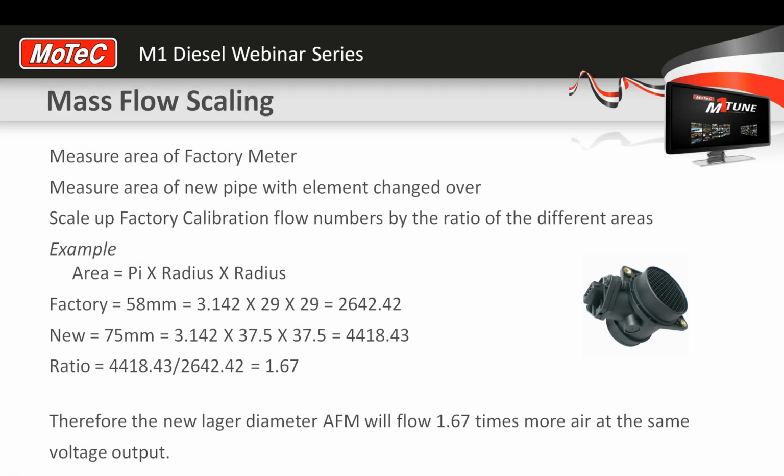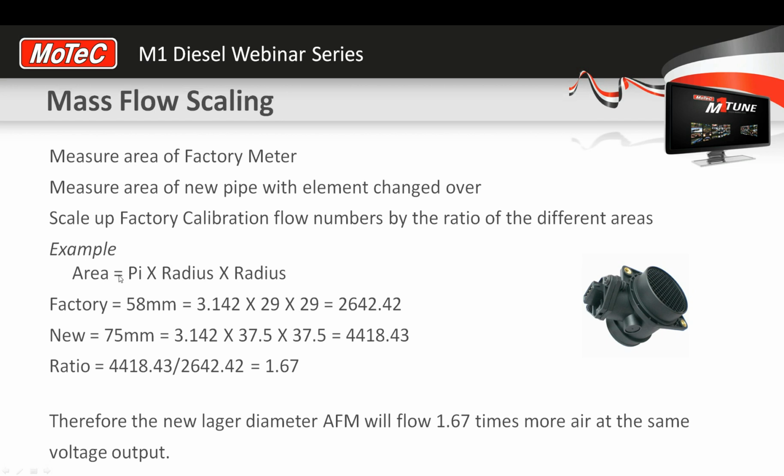So many people asked, okay, you tell us to scale this mass flow meter up, how do we do it? Here's the process you go through. You're going to make an estimation of the extra airflow required, and you can do that using your diameters to see what your increase is.